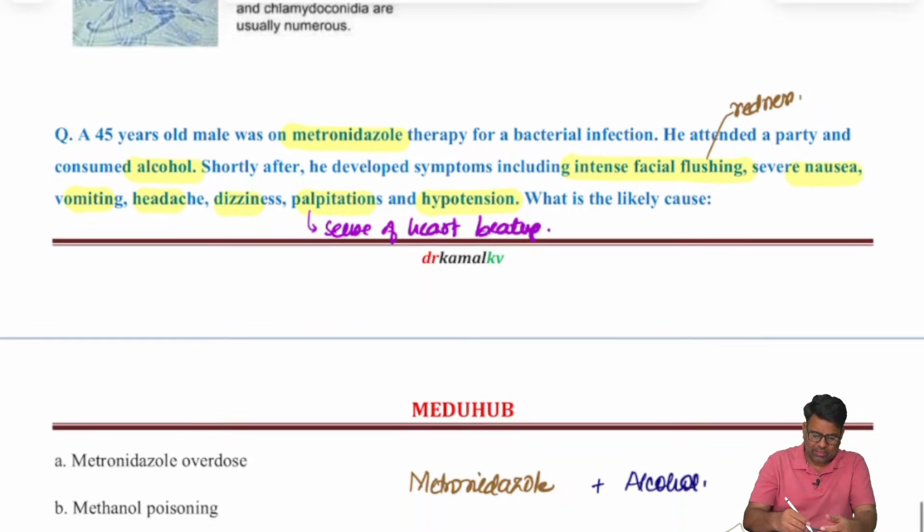Now, this is actually a type of drug interaction, and this phenomenon is known as the disulfiram reaction, because the reaction is identical to the situation where a person who is on disulfiram drinks alcohol.